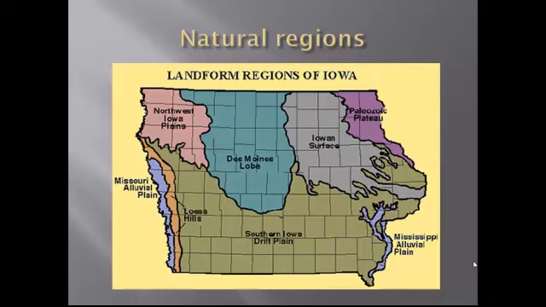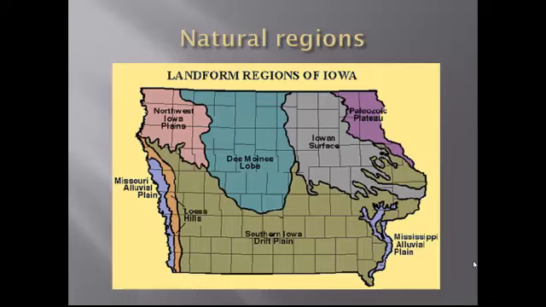And the only other place where there's as much loess as there is in Iowa is in China, in the upper reaches of the Yellow River of China. But there's loess in other places also. Finally, in the far southeast is the Mississippi alluvial plain, including the lower reaches of the Iowa and Cedar rivers.